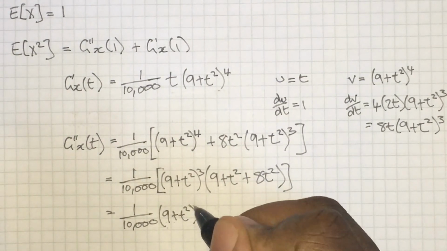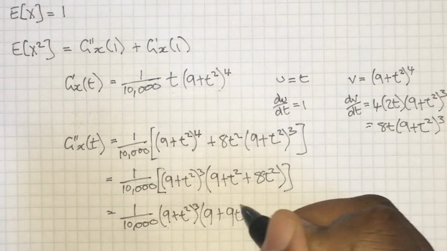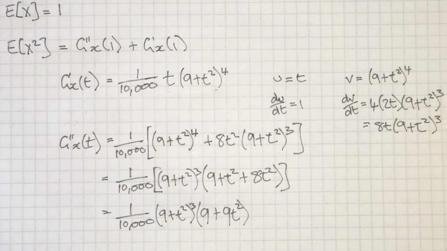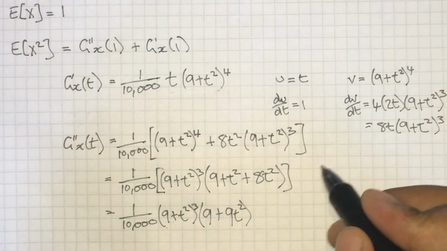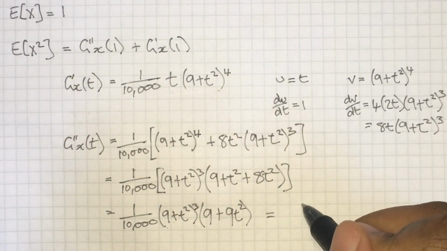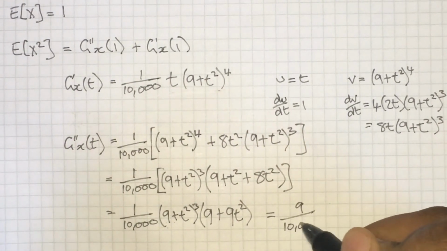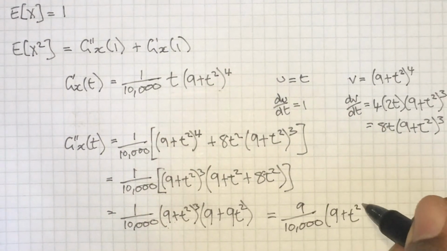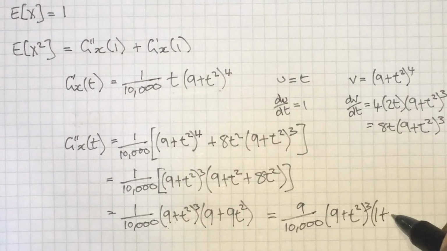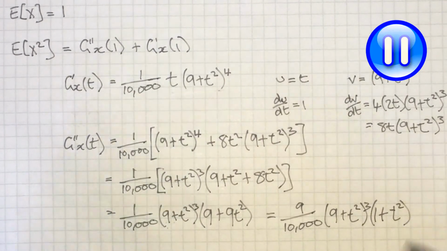I'm going to have 9 plus 9t squared. I do have opportunity to simplify, so I'm going to take the 9 outside of this second bracket. So I'm just going to factorize here. And I think this is as simple as I can get for now. This is going to be the second derivative. So 9 over 10,000, 9 plus t squared to the power of 3, 1 plus t squared.